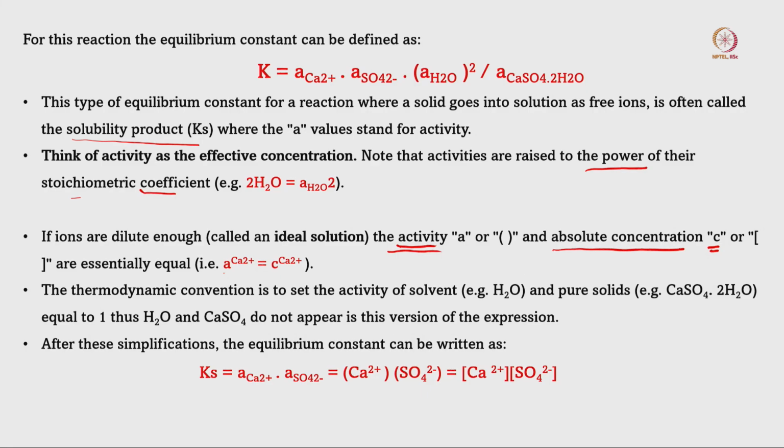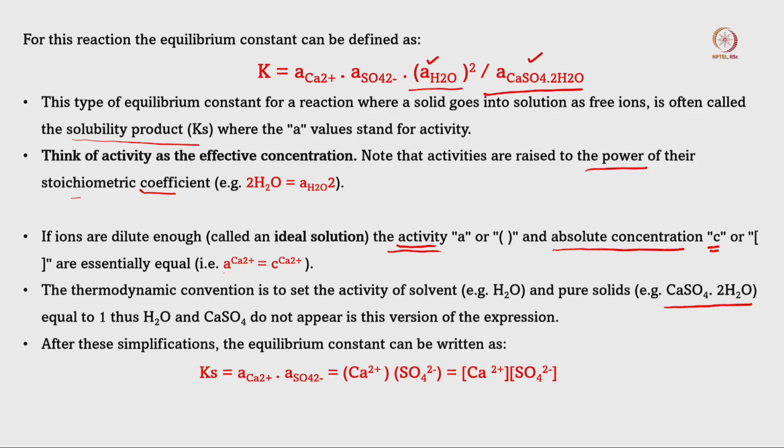Also, the thermodynamic convention is to set the activity of solvent and pure solids equal to 1. This is what we discussed in our last lecture, that in the case of pure water and pure solids, their activity is equal to 1. So, here we have gypsum whose activity becomes 1 and H2O also becomes 1, because this is a pure solid phase and a pure solvent phase.